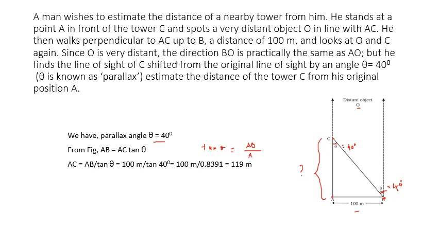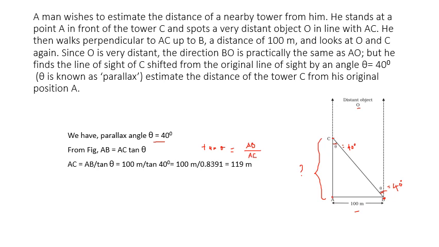AC. Tan theta is nothing but opposite side by adjacent side. Am I right? So just rearrange this formula. You will get AB equal to AC tan theta. So what is AC then? AB divided by tan theta.